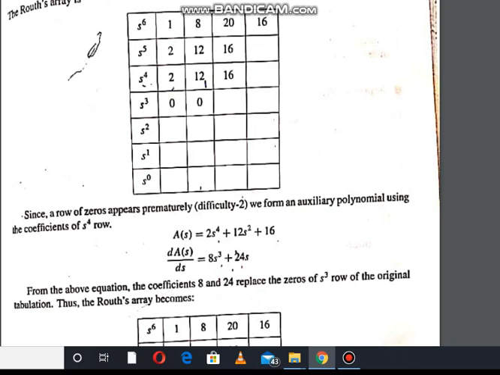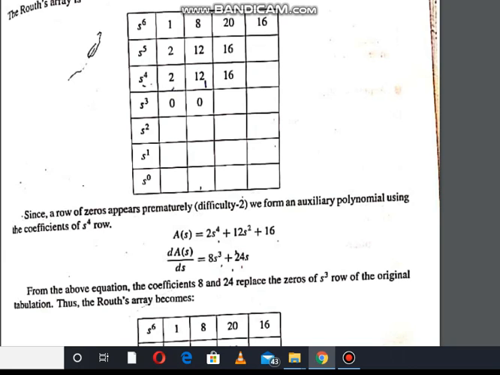Now we have to differentiate this polynomial with respect to s. So dA of s by ds is equal to 8s cube plus 24s plus 0. Now we have the coefficient of s cube as 8 and the coefficient of s to the power 1 as 24. By using this, we fill the s cube row.